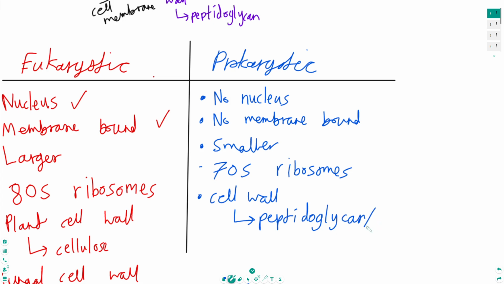You don't need to know this stuff about archaea, it's mainly bacteria. So cell walls of bacteria have peptidoglycan, and archaea have pseudopeptidoglycan.